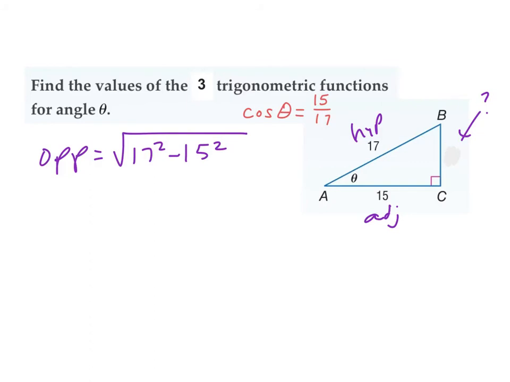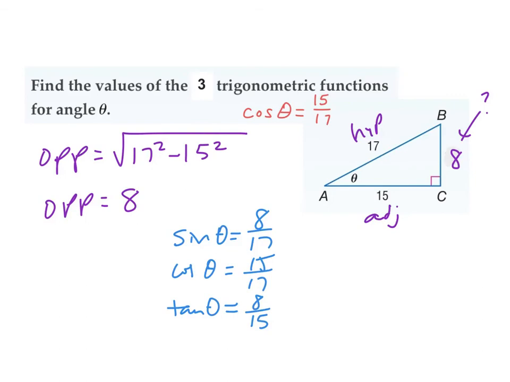So I have 17 squared, the hypotenuse, minus 15 squared. And when I calculate that, go plug that in, see what you get. You'll see that the opposite side is 8, and I've replaced that over here. So now I have my opposite side, which means I can find the sine and I can find the tangent. So the sine is going to be 8 over 17, and the tangent is going to be 8 over 15.